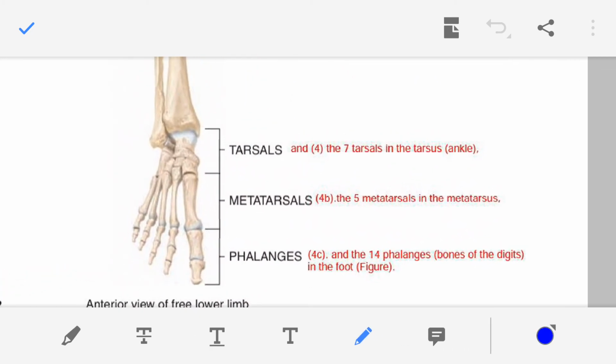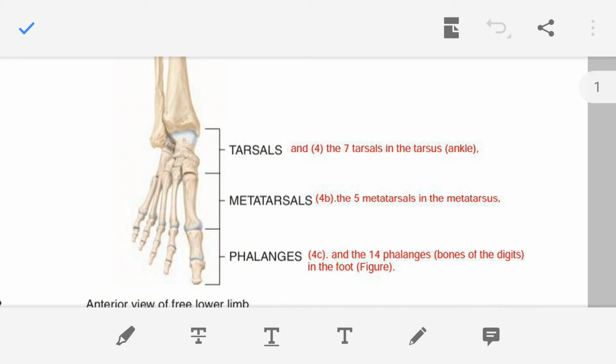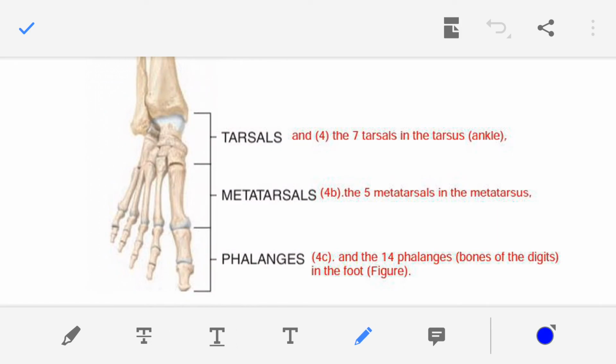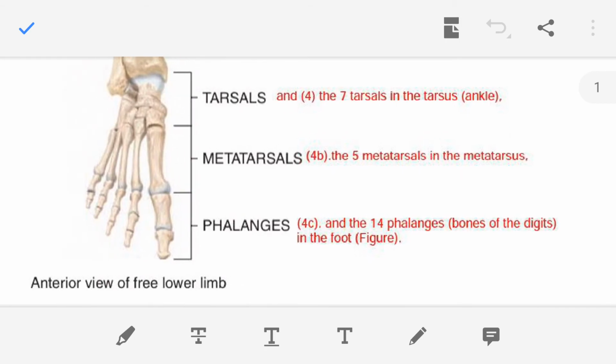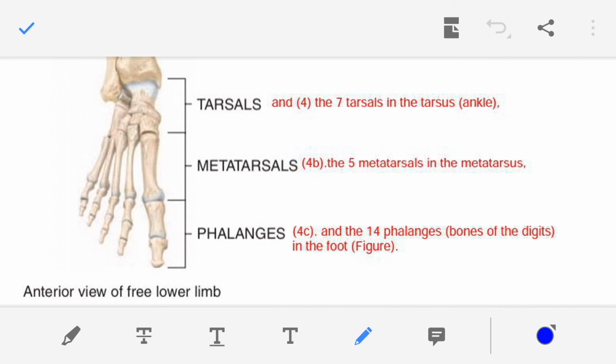Then in our ankle, 7 tarsal bones are there. This is the ankle region. In the ankle there are 7 bones, and these bones are known as the tarsals. Then the foot region of our leg: in that, 5 metatarsals are present, and the fingers of our feet are known as the phalanges.